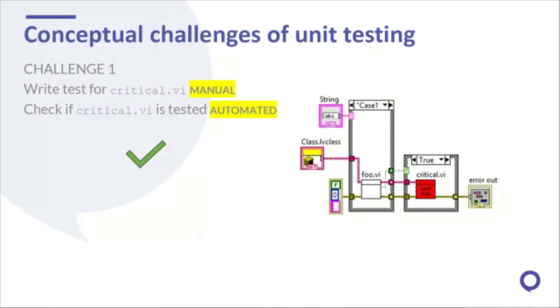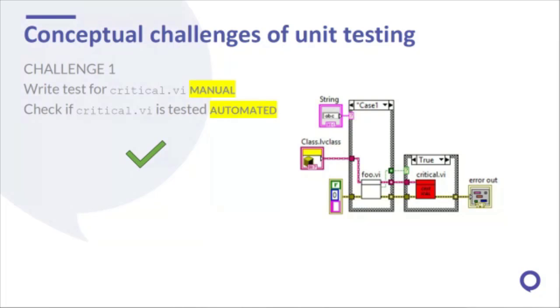The message of this example is that we have a critical VI placed somewhere in the code, and it may not be trivial to reach it, but it is critical, so it should be important to test it. One challenge is to write a test for the critical VI, and this used to be a manual process. We all know it. It's a challenge for the programmer.